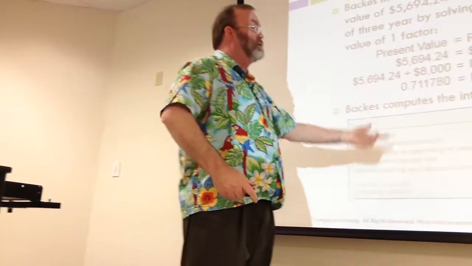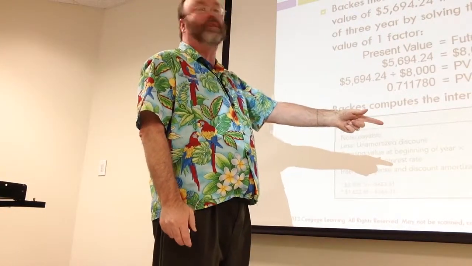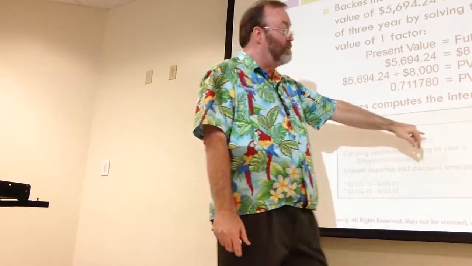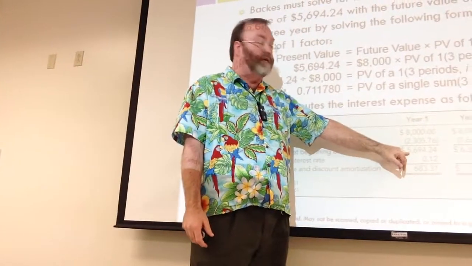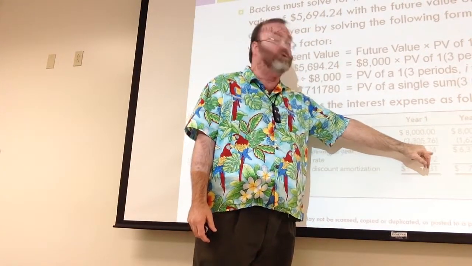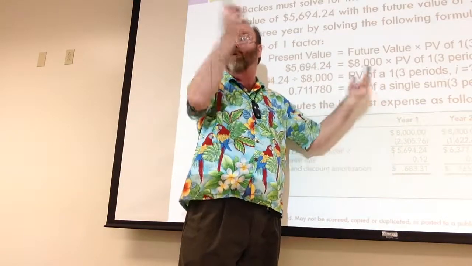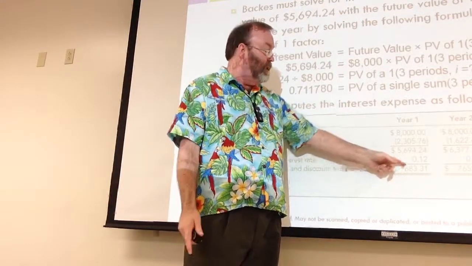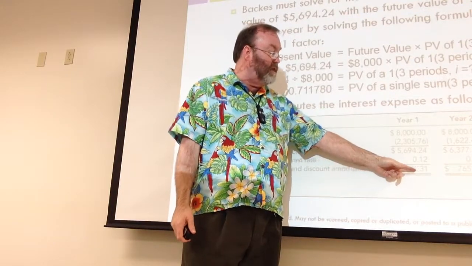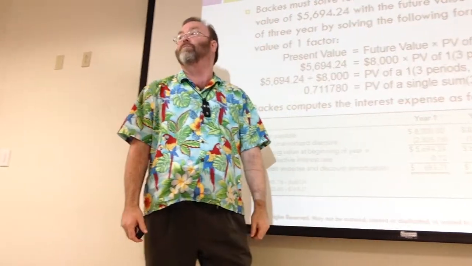So the interest expense at the end of year 1 is going to be the net proceeds of $5,694.24, the book value of the note payable less the discount, times 12%. That's $683.31.